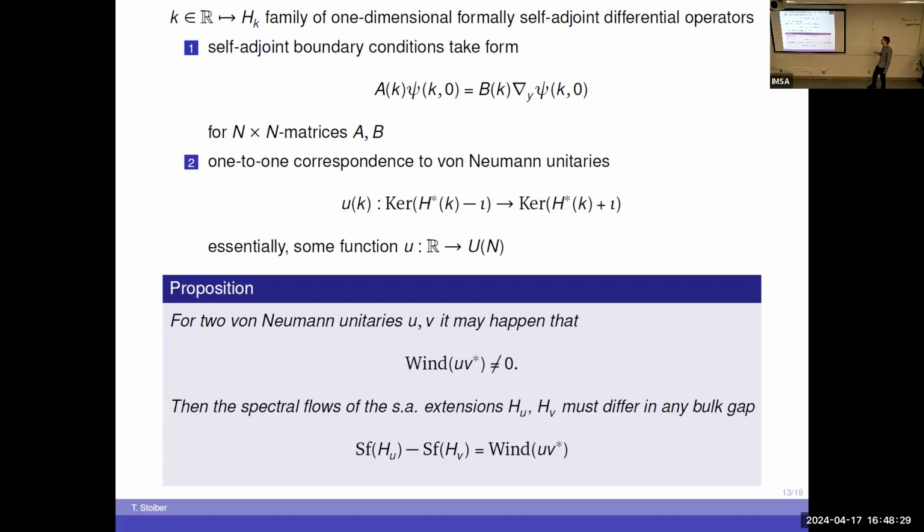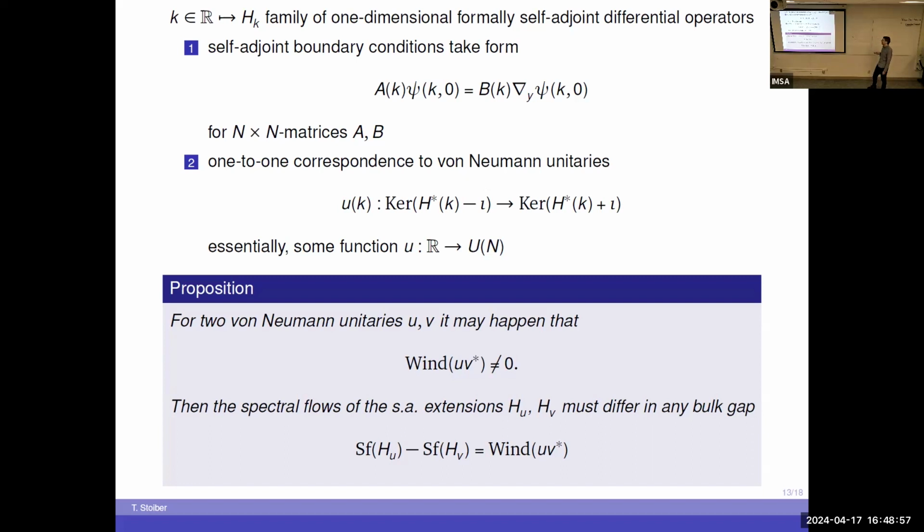And if this winding number is non-zero, then it turns out that the spectral flows of the corresponding self-adjoint extensions differ in any bulk gap by exactly this winding number. This means the corresponding self-adjoint extensions do have a different number of edge bands in any gap. And we can classify this by this winding number, which abstractly classifies the boundary condition.